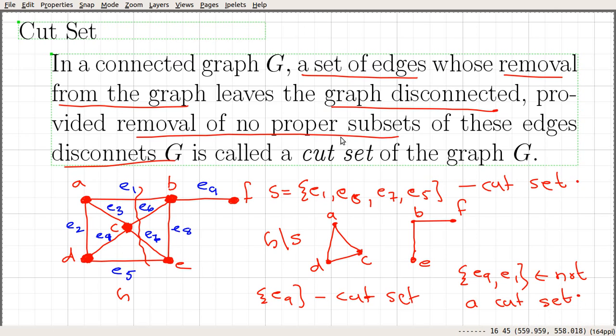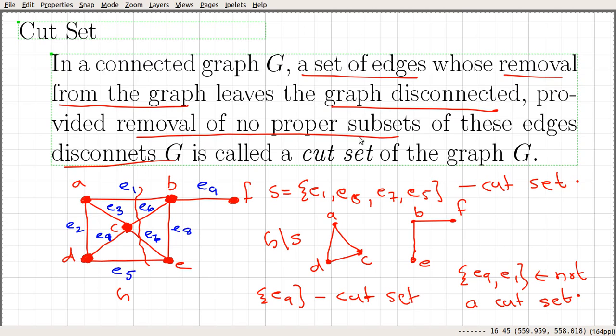So that's the definition of what a cut set is. A cut set is a set of edges whose removal from the graph leaves the graph disconnected, provided removal of no proper subsets of these edges disconnects G. These two are examples of cut sets in this graph, whereas this is an example of a cut in the graph that is not a cut set, because if you remove E9, the graph is still disconnected, so it doesn't satisfy this condition.